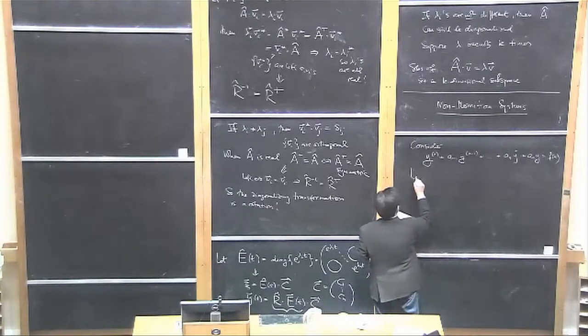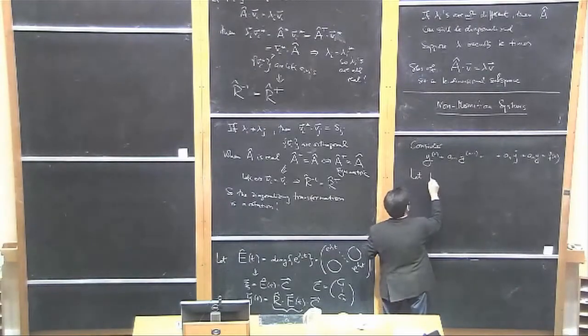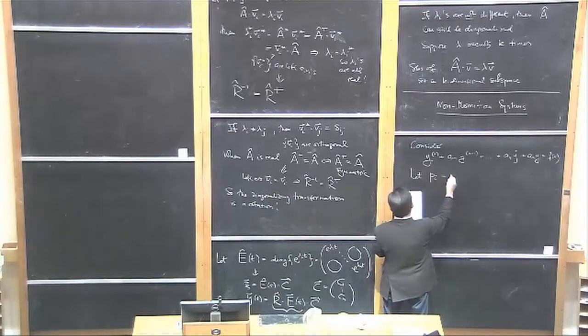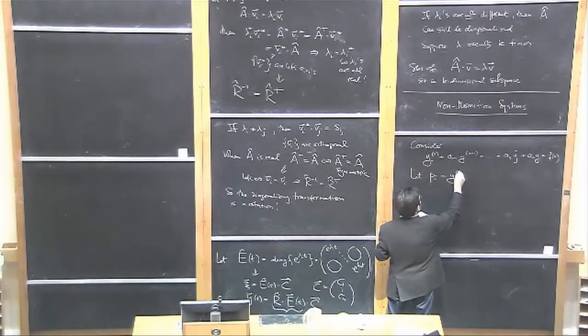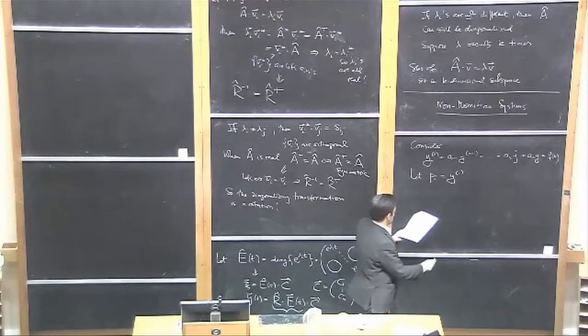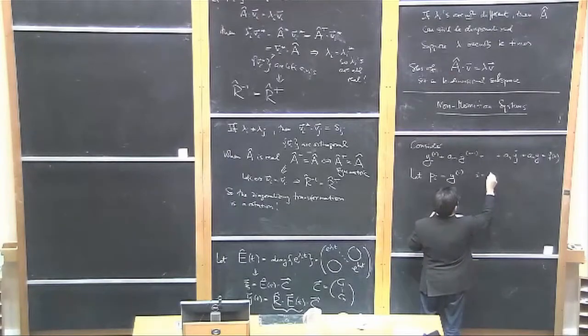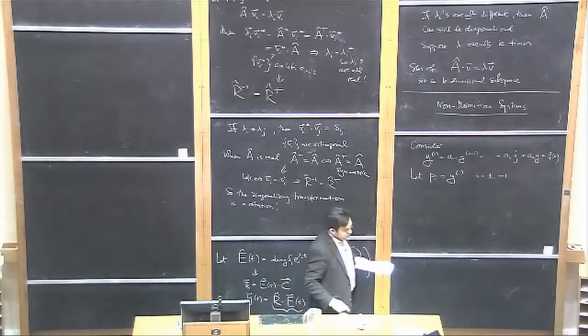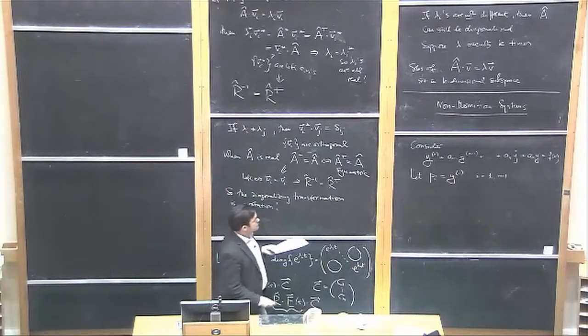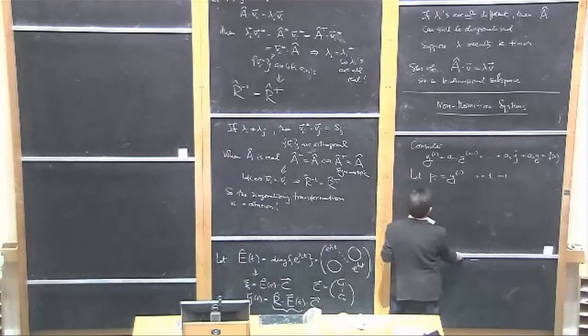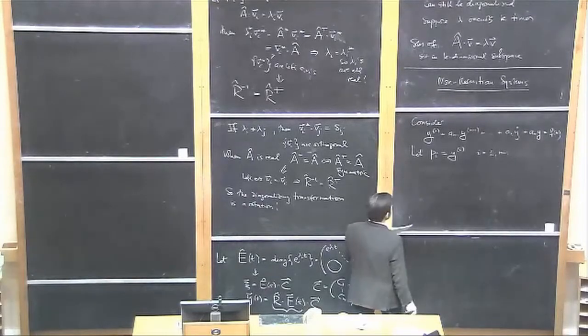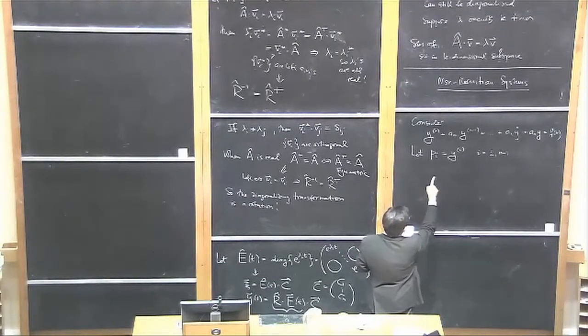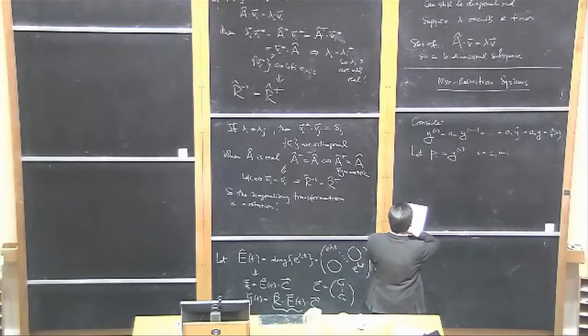Well, I introduce new variables. Let p_i be the ith derivative of y, and this will run from 1 to n minus 1. So these are n minus 1 new functions. Then I can rewrite this system of equations in the following form.